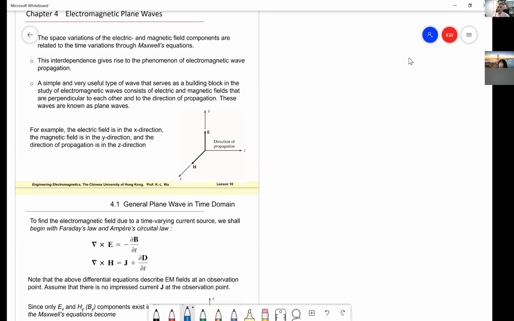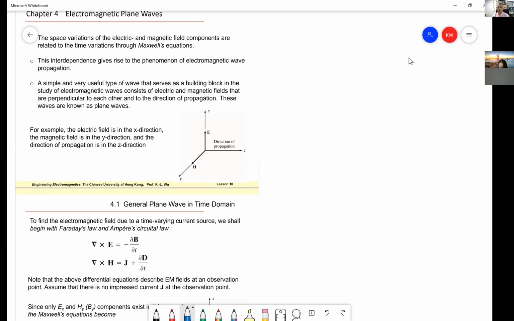Okay, then we will start our discussion only from the curl equations, because the curl equations can fully describe the electromagnetic problem. Now let's look at a very simple case.